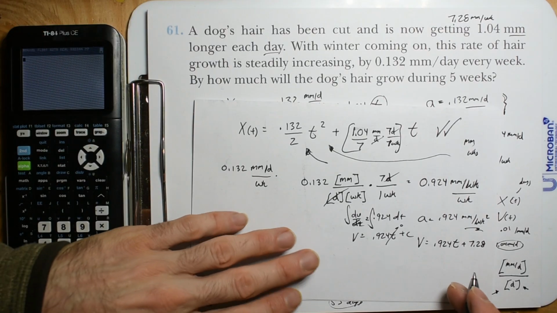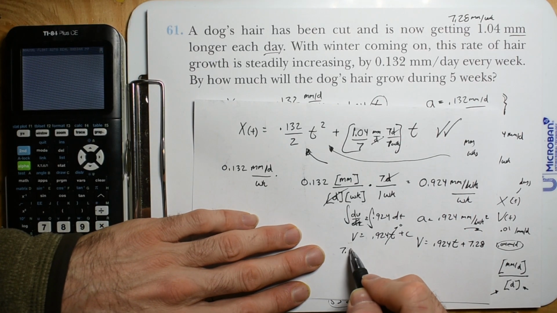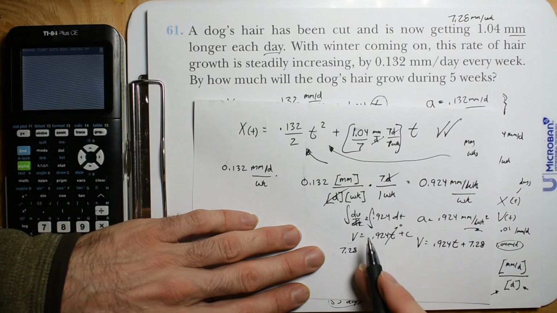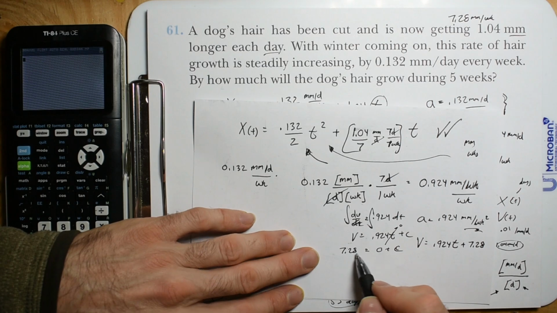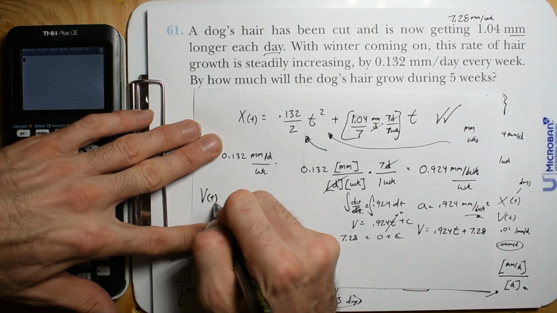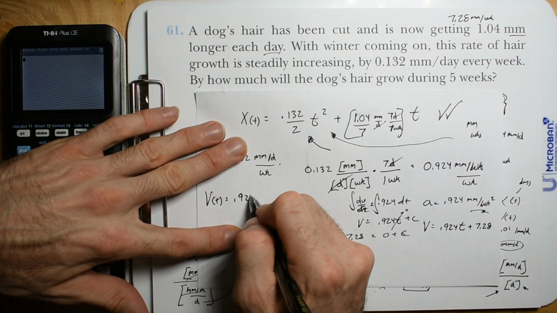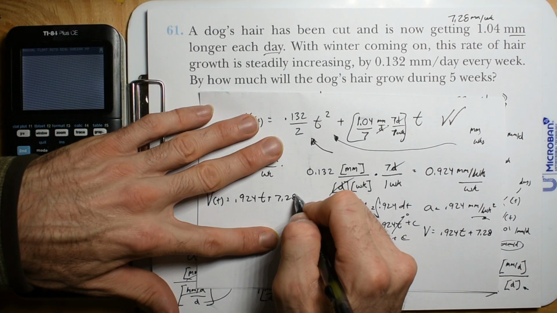Cool. So our velocity is going to be 7.28 millimeters per week, 0 plus c. So our constant is going to be 7.28. So now our equation for our velocity is going to be 0.924t plus 7.28.